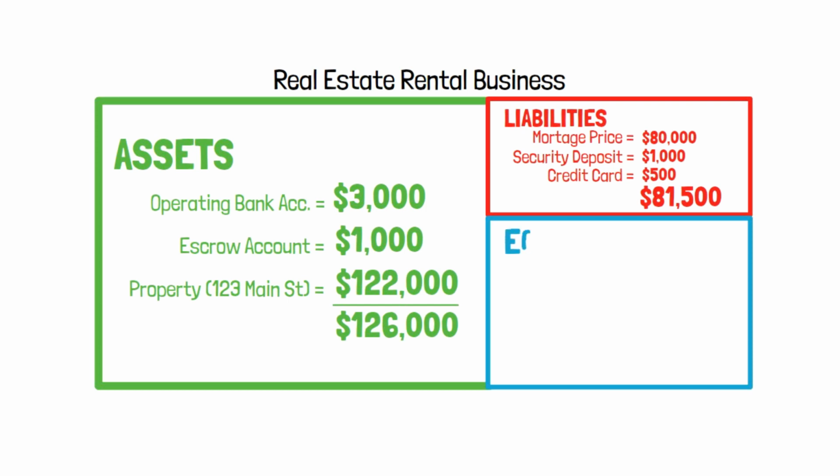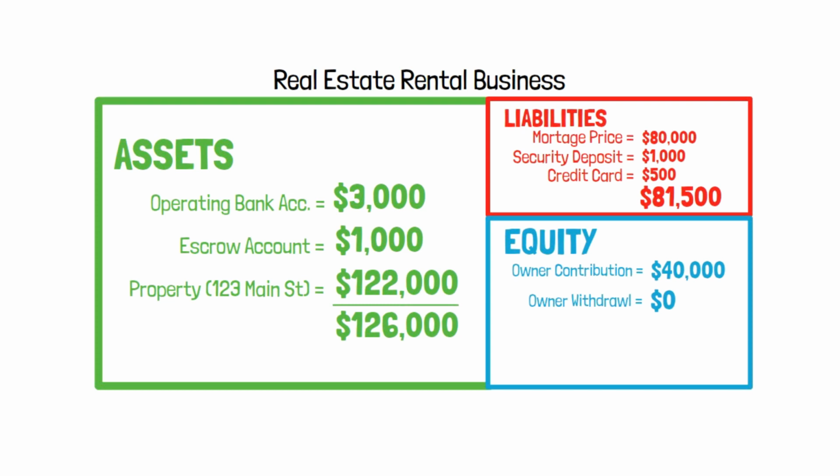Finally, we see that your equity claim in the business includes the initial capital that you contributed to the business, captured in the owner contribution account at $40,000. Since your business just started, we see that you have not yet withdrawn any money from it. Hence, the owner withdrawal account is still at zero.